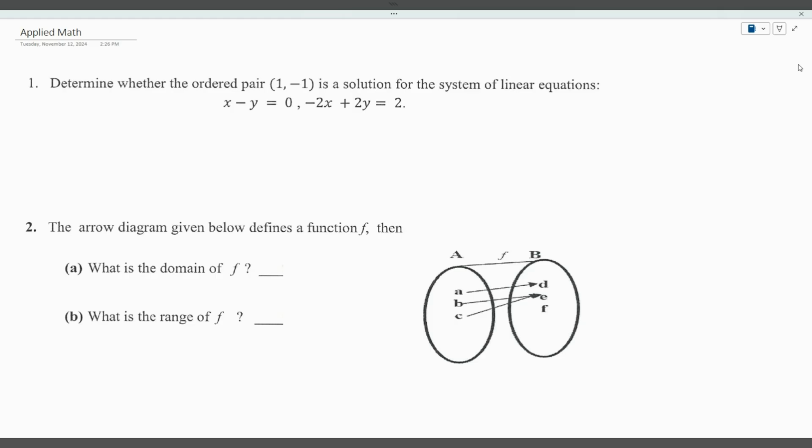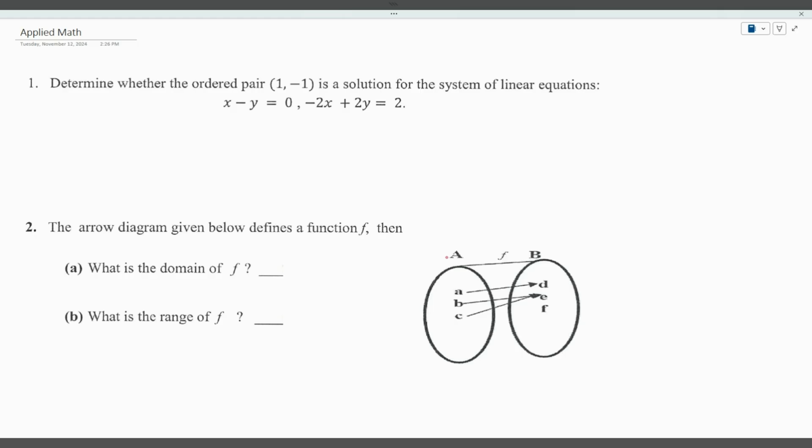So let's start. Question 1 is: determine whether the ordered pair (1, -1) is a solution for the system of linear equations. As you know, the solution of a system of equations is the values of the variables that make all the equations true.